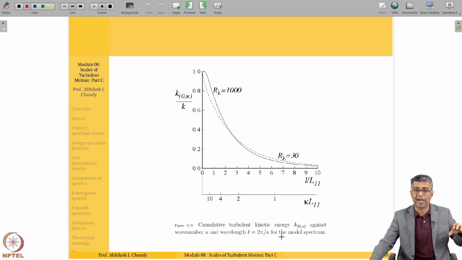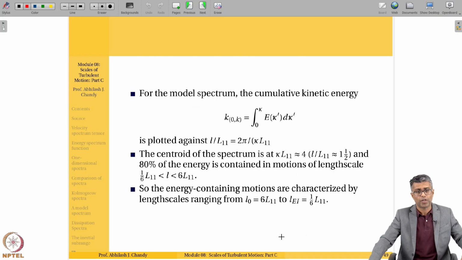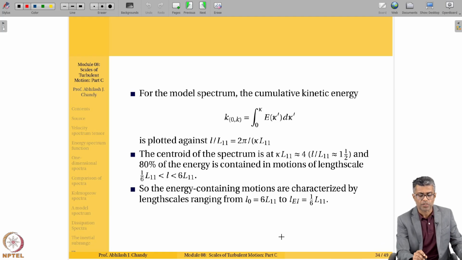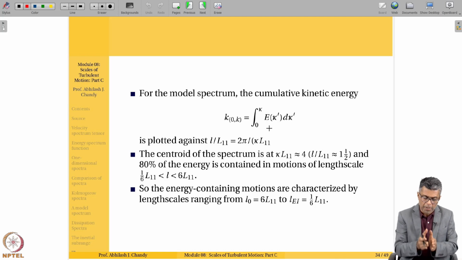I did the same thing with my dissipation spectrum. So for the model spectrum, I'll calculate a cumulative turbulent kinetic energy, which is K from 0 to kappa, the integral from 0 to kappa of E of kappa prime d kappa prime. So basically the energy spectrum function integrated up until a certain point.